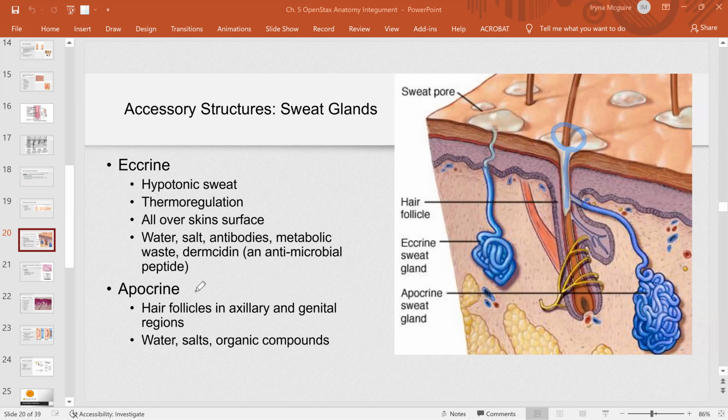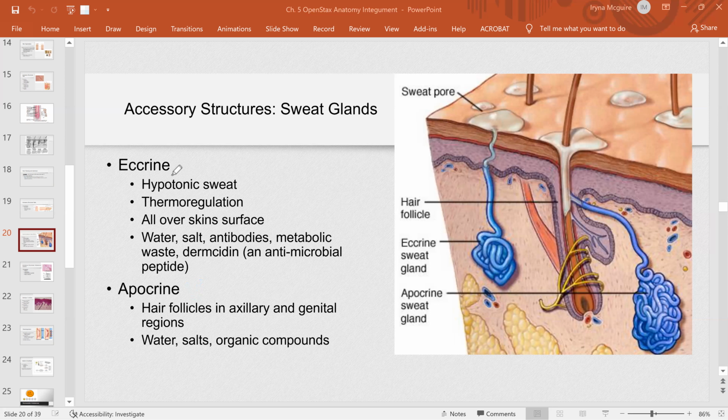Now this is apocrine gland, with hair follicles in the axillary and genital region. So apocrine glands are the ones that give you body odor, and they produce a secretion made of water, salt, and organic compounds. And please review apocrine type of secretion from our previous lectures.